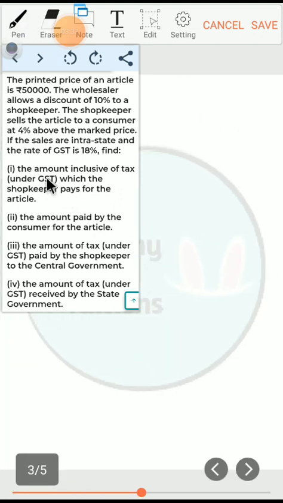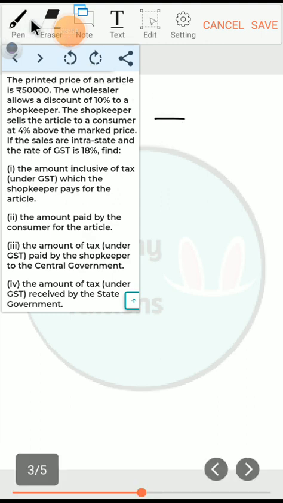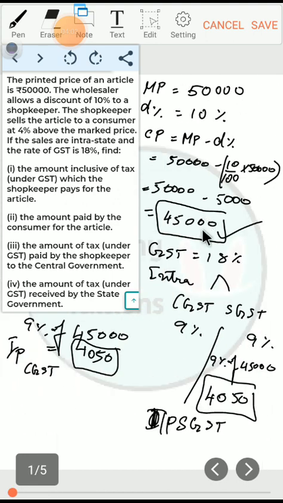First question, the amount inclusive of tax under GST which the shopkeeper pays for the article. How much does the shopkeeper pay? So cost price plus CGST paid by the shopkeeper plus SGST paid by the shopkeeper. The cost price of the article is 45,000 plus CGST paid by the shopkeeper plus SGST paid by the shopkeeper.